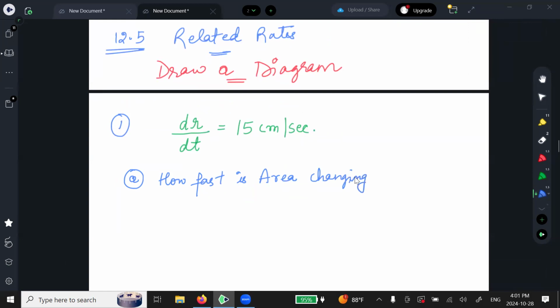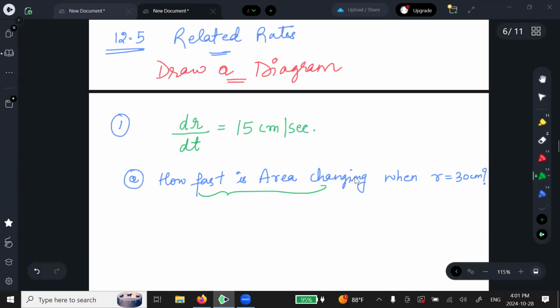At least you should know this much in exam. When r is 30 centimeters, what are they looking for here? Derivative of A with respect to t, they're looking for dA over dt, okay? This is what they want to find when r is 30.